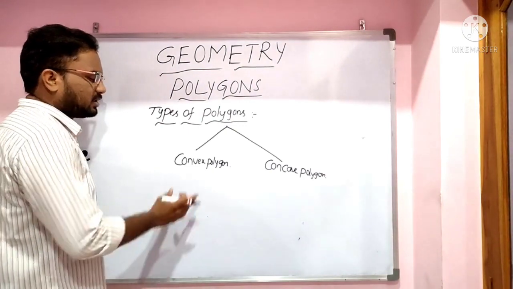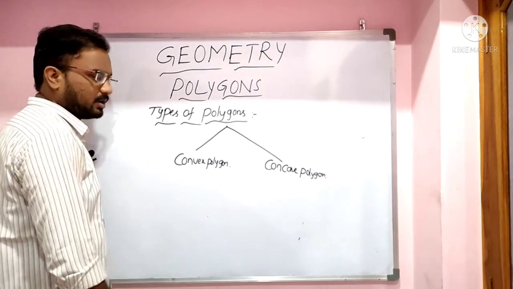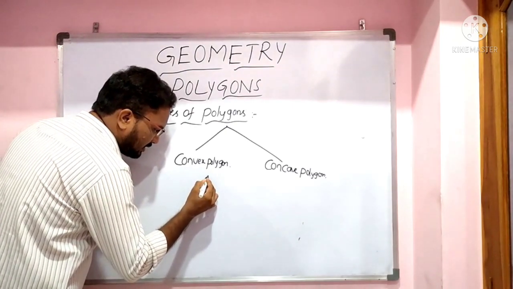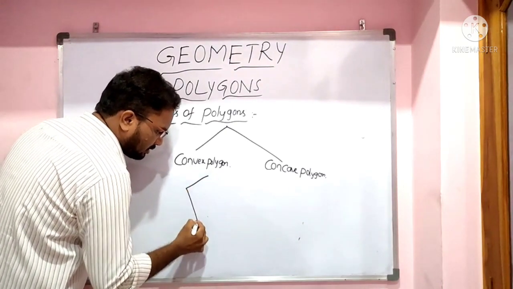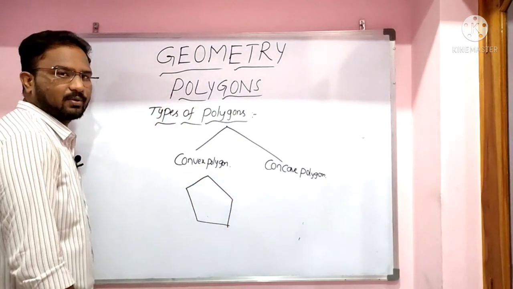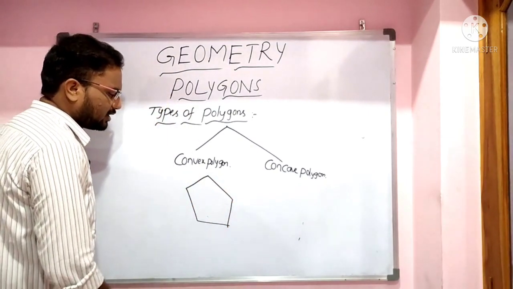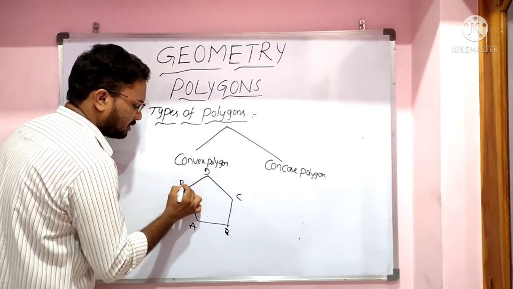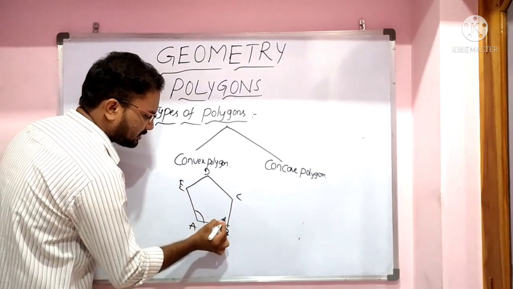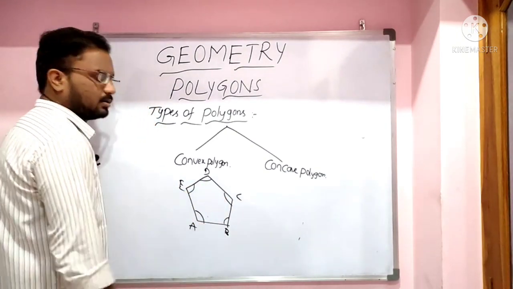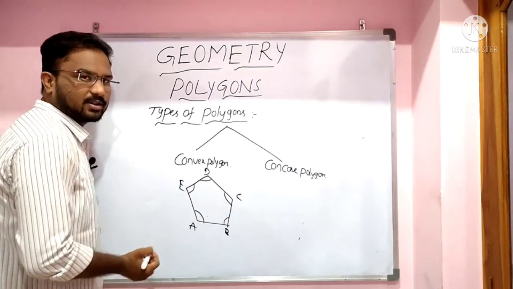So first of all, what is a convex polygon? In a polygon, if all the interior angles are less than 180 degrees, then it is called a convex polygon. If you observe the interior angles A, B, C, D, E, here all the angles are less than 180 degrees, so it is a convex polygon.